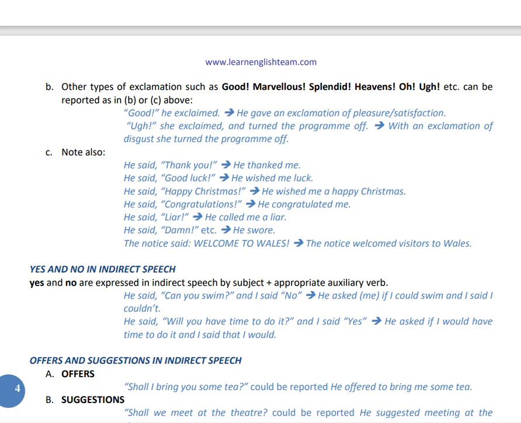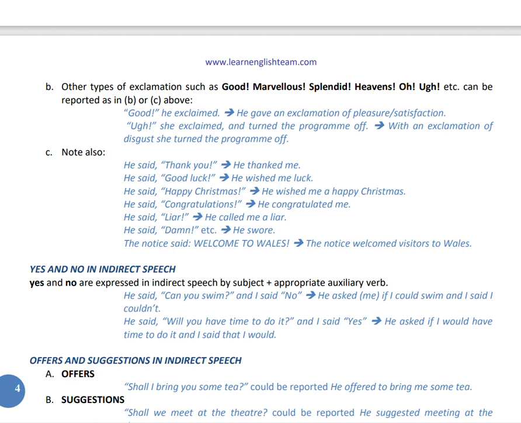Yes. Other types of exclamation, such as good, marvelous, splendid, heavens, how, oh, etc., can be reported as in these examples. Let's look at it.